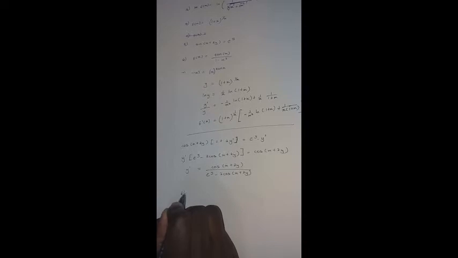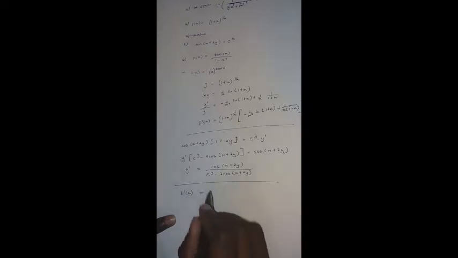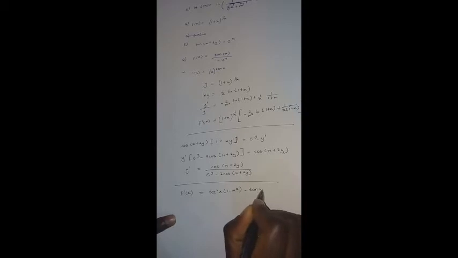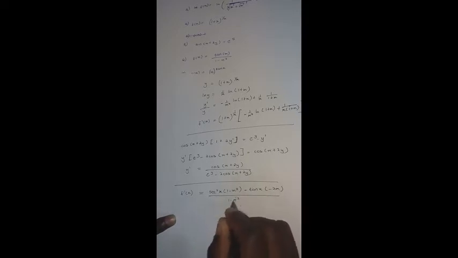So your f prime of x will be equal to your sec squared x times 1 minus x squared, minus tan x times negative 2x, over 1 minus x squared, then you can square that. And they say do not simplify your answers, so you can leave it as this and then it will still be okay.